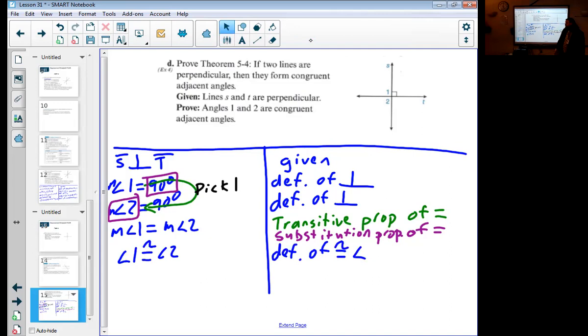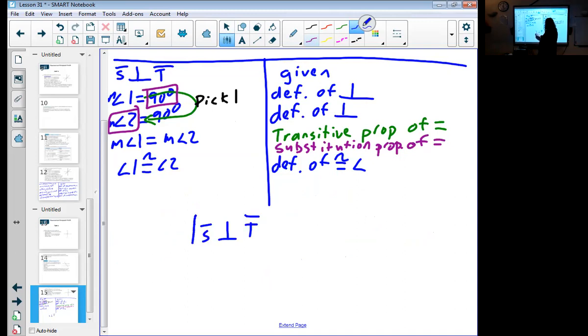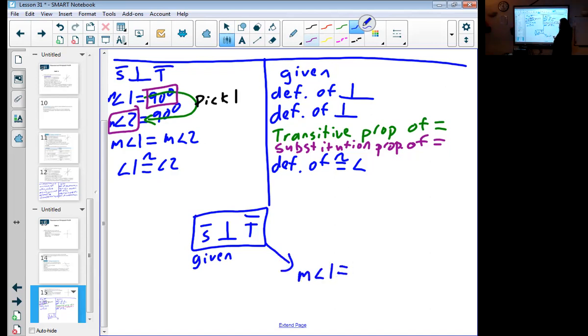If you prefer to use the flowchart proof, you have S perpendicular to T in a box, and that is given. You then have that the measure of angle 1 is equal to 90 degrees.